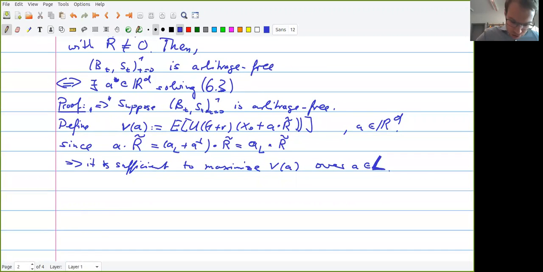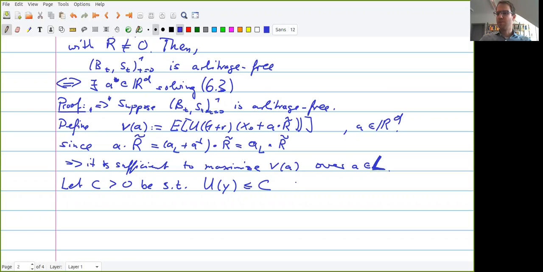So now we want to use that our utility function is actually bounded from above. So what does it mean? Let's take a constant c, which is supposed to be an upper bound for our utility function, such that if I consider the utility function evaluated at any point y, it is less than c.